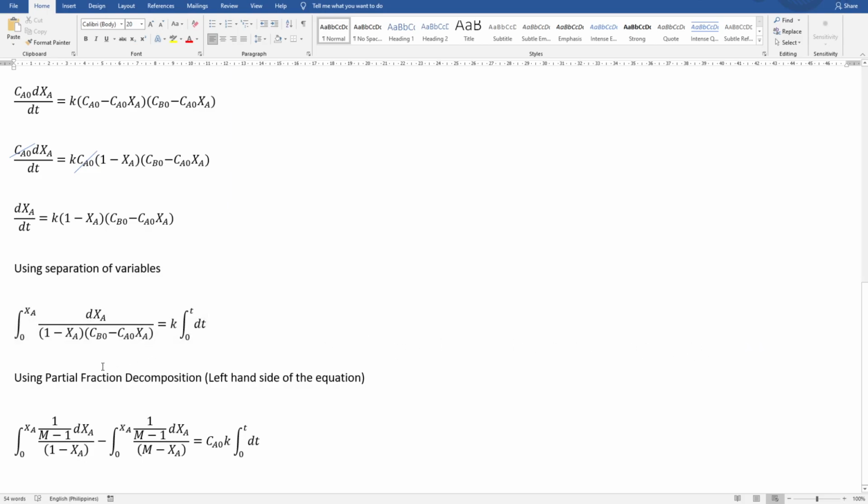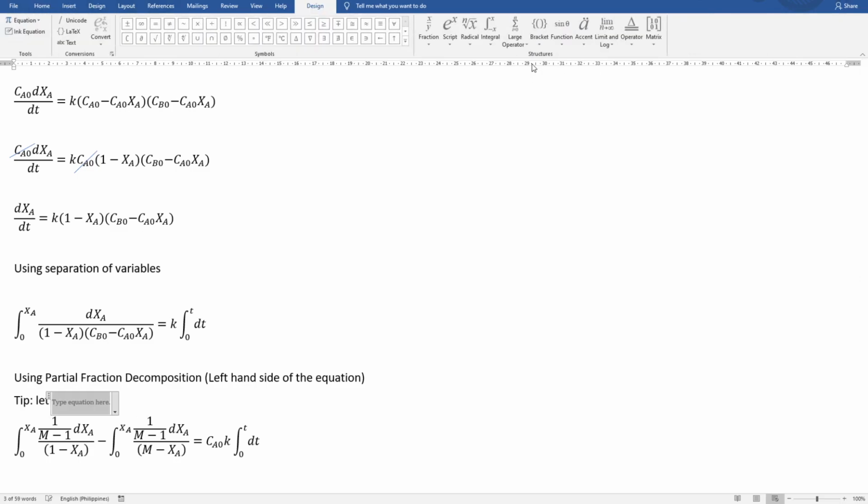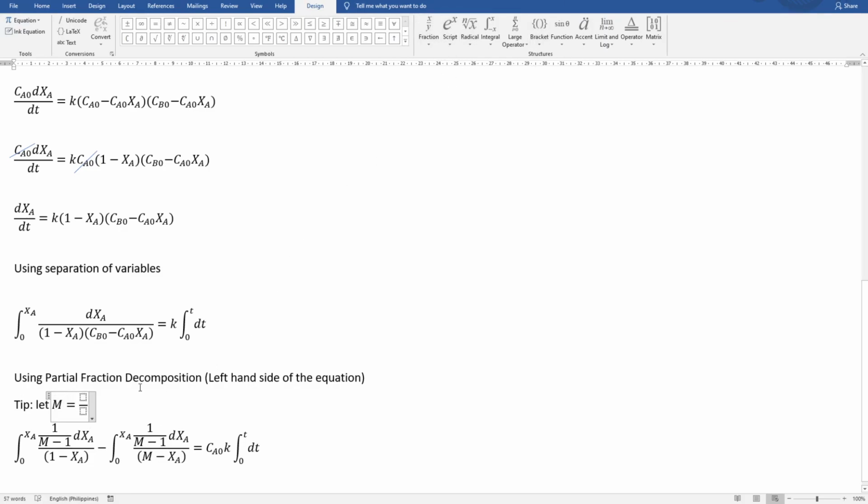So after partial fraction decomposition, this equation becomes this one. As a tip, let m be equal to CBO over CAO.